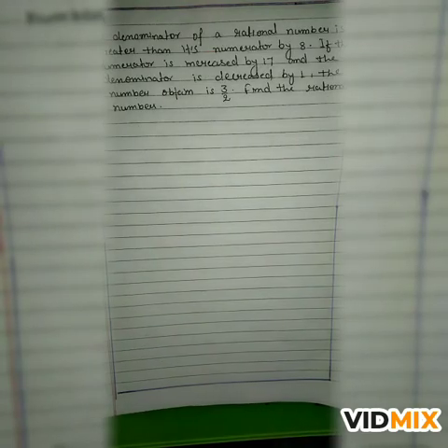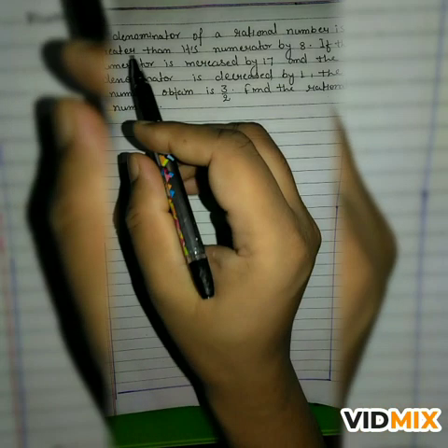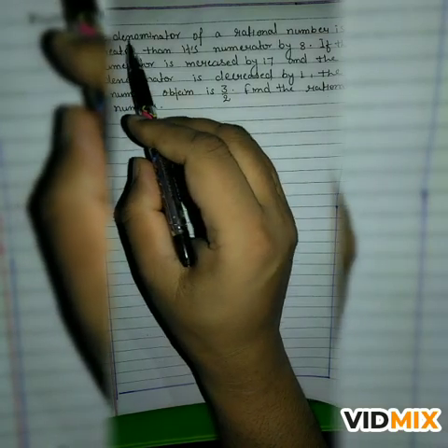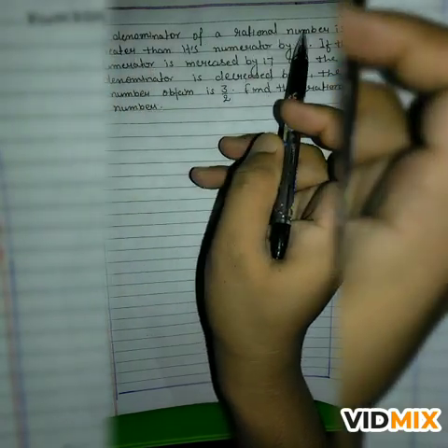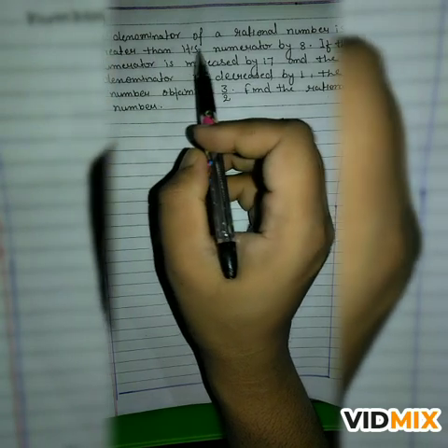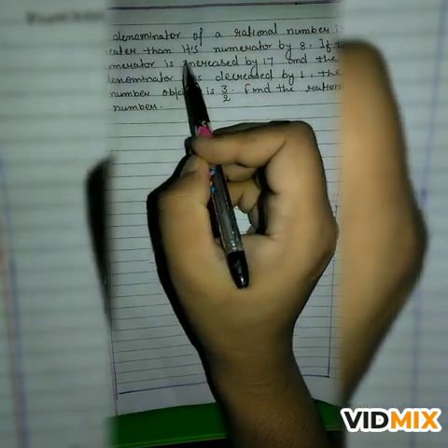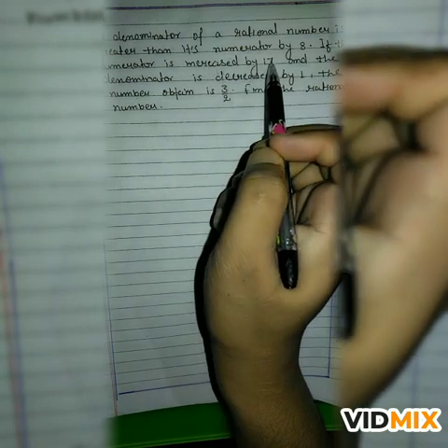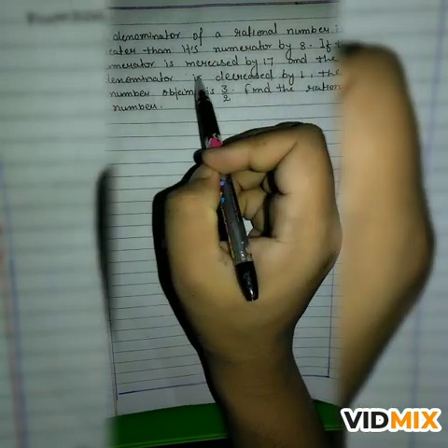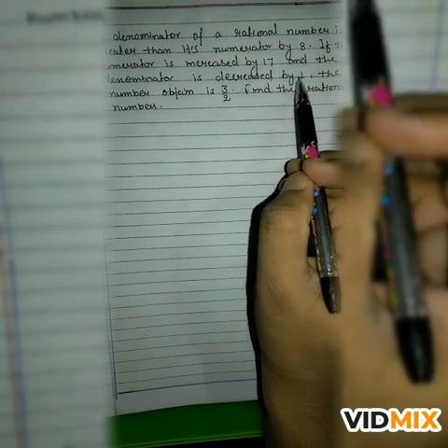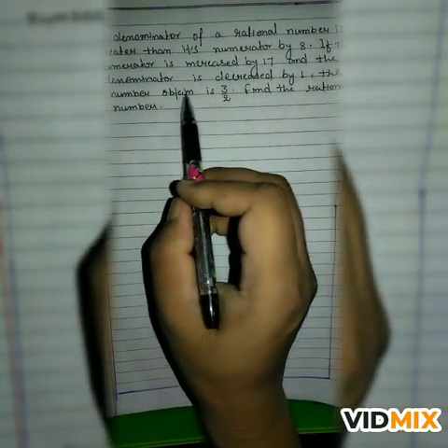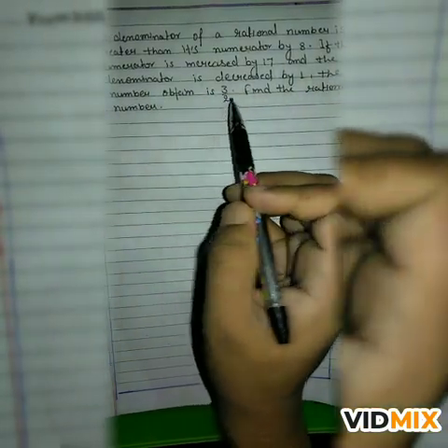Dear students, it is question number 7 of exercise 2.6. So look at the question. Question is, the denominator of a rational number is greater than its numerator by 8. If the numerator is increased by 17 and the denominator is decreased by 1, the number obtained is 3 by 2.